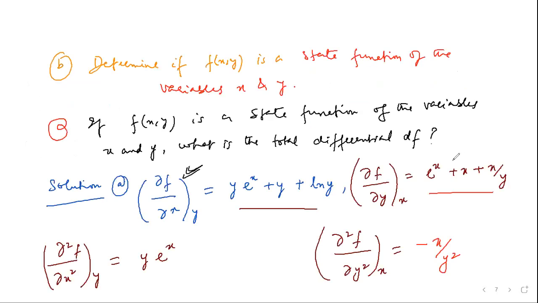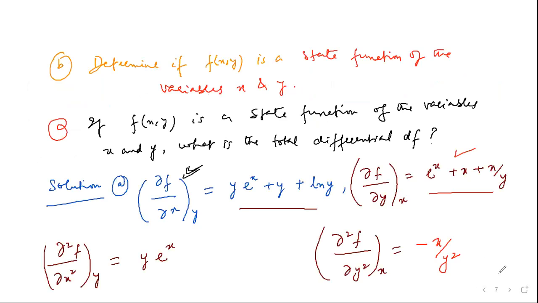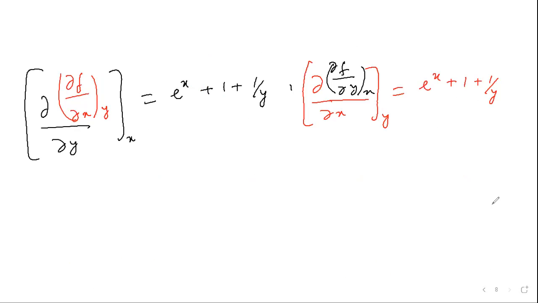So you have to differentiate this with respect to x now. So the first term e^x, e^x. This will be 1 with respect to x, and the third term will be 1 over y. So you can check these mixed second order derivatives are equal. That means the order of differentiating the given function with respect to x and y is not affecting our outcome. We get the same result.